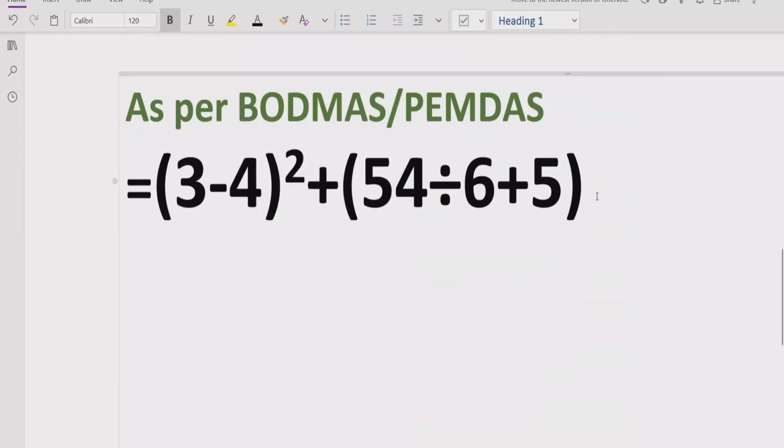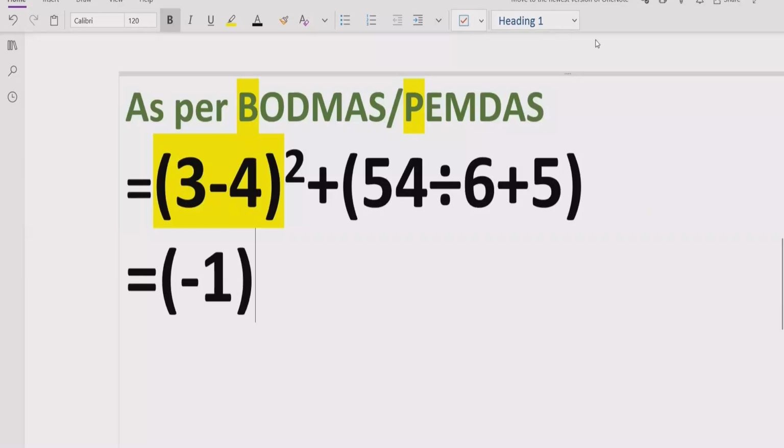Now move forward to solve the given expression. According to the BODMAS and PEMDAS rule, first of all, we have to solve the bracket. So first one is this one, which is parenthesis, you can say, and bracket. First we have this bracket, which is 3 minus 4. And the other one is this one. So one by one, we will solve. The first one: 3 minus 4 becomes minus 1 raised to power 2.